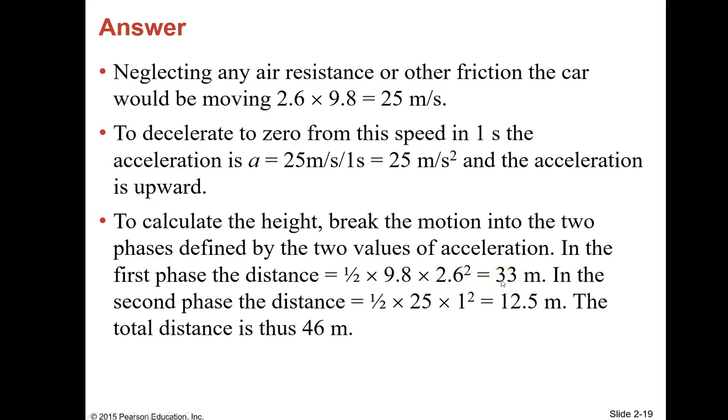So it free falls for 33 meters. The second phase, we know the acceleration is 25 meters per second squared and our time interval is 1 second, so 1/2 times 25 times 1 second squared is 12.5 meters. So we have 33 meters for the drop and 12.5 meters for the brakes, so the total distance that it falls is 46 meters.